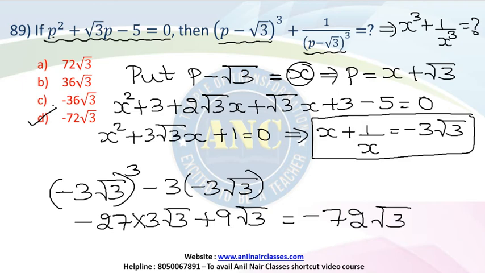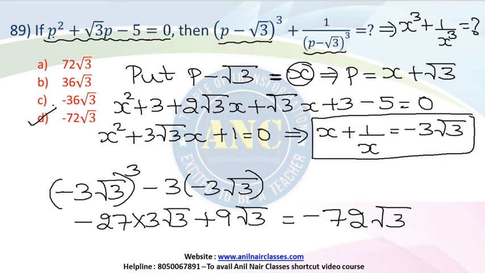That means this method what I solved right now of converting P in terms of some other variable X, I told in 87th question not to use this method because that question has bigger numbers and multiplying with bigger numbers is time consuming.